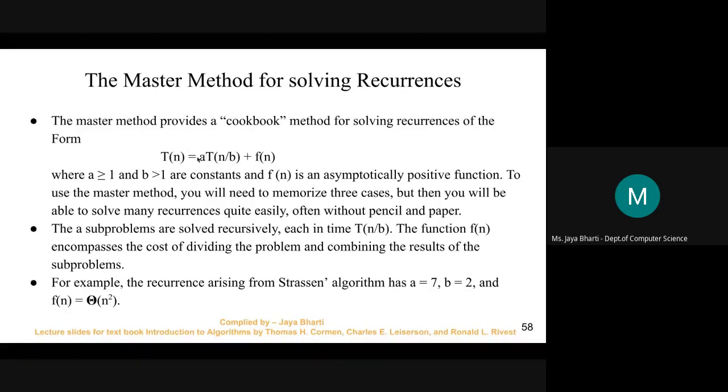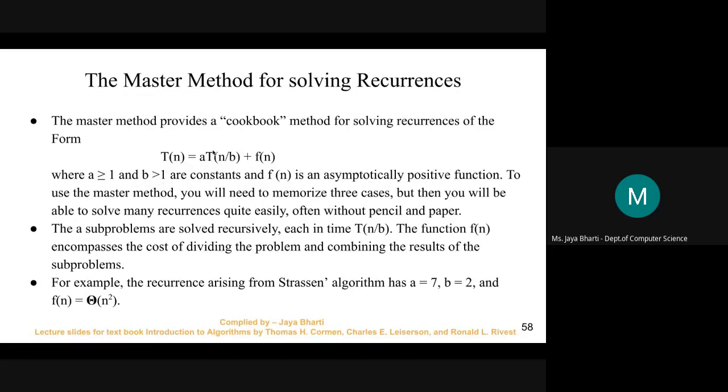This means that a given problem should be divided into a number of problems, and each problem will be of size n/b, where n is the original size of the problem. The constraint is that the value of a should be equal to or greater than 1, but the value of b should always be greater than 1. Why is it so?